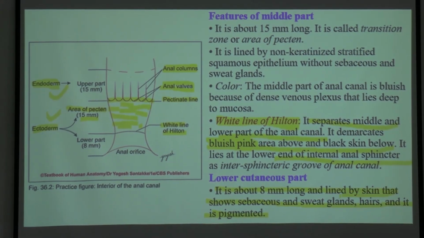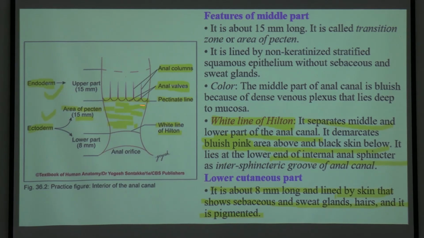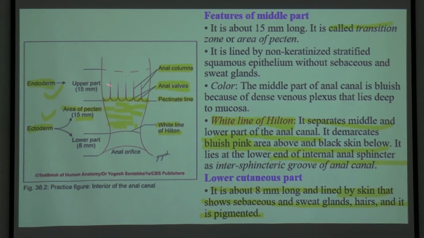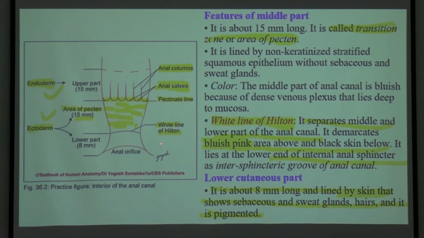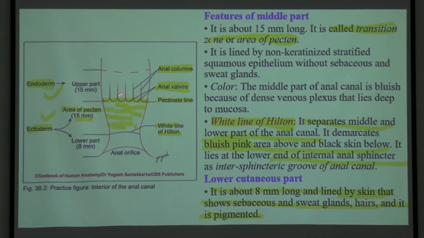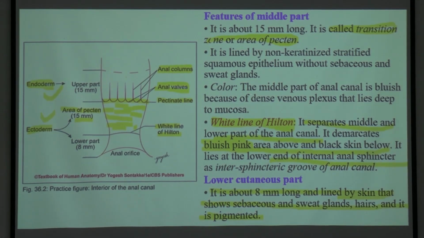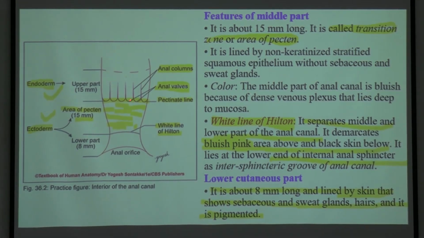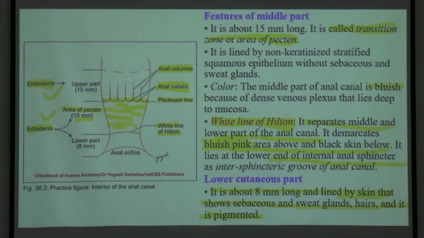Now, what is the importance of this line? One, embryologically this belongs to endoderm, this belongs to ectoderm. Second, lymphatics are different, it is going towards the internal iliac group of lymph nodes, and from here it is going to the superficial inguinal lymph nodes.